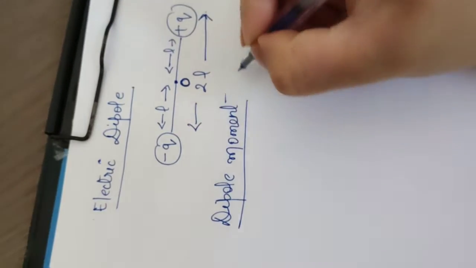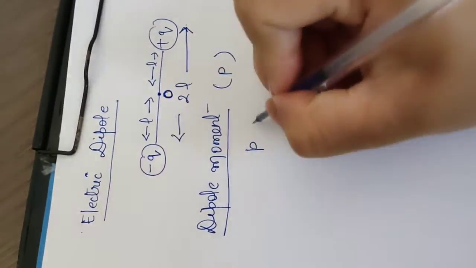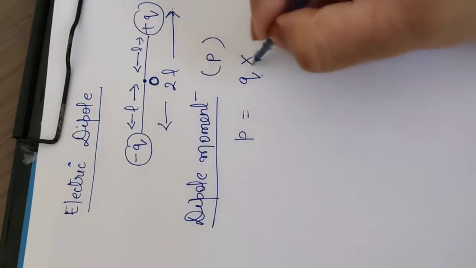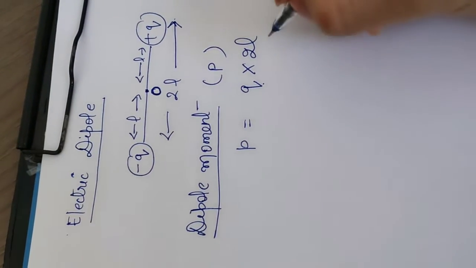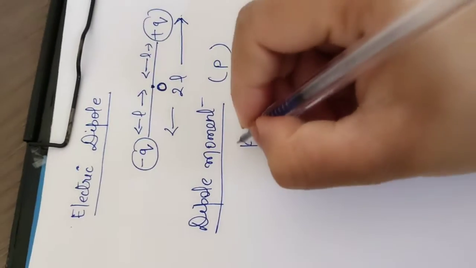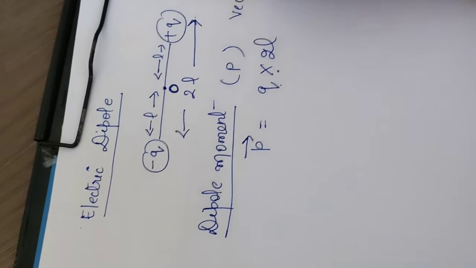Dipole moment is denoted by P, and it is given as the product of each charge and the distance between the charges. Now since we are taking a scalar product, cross product, we can say that dipole moment is a vector quantity.